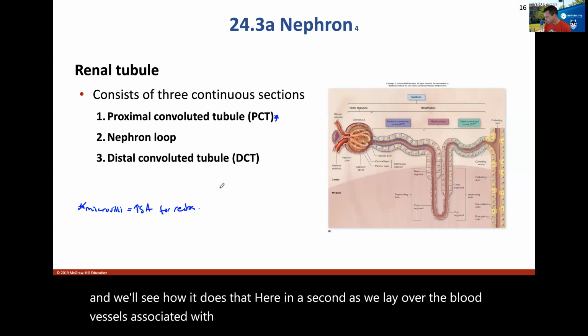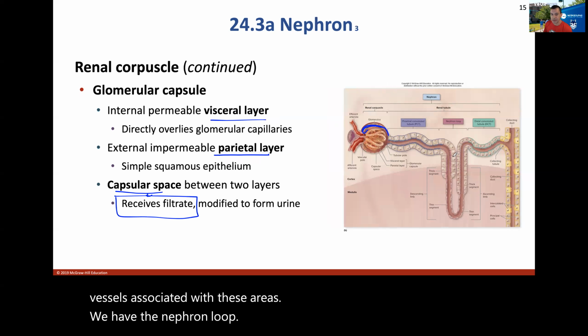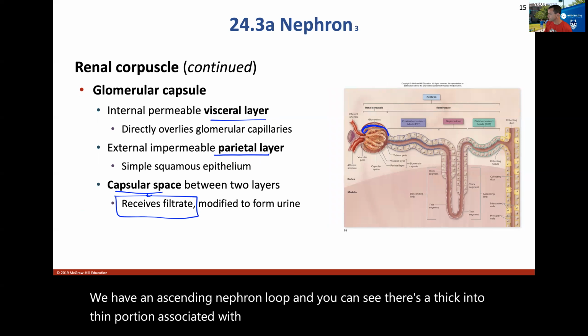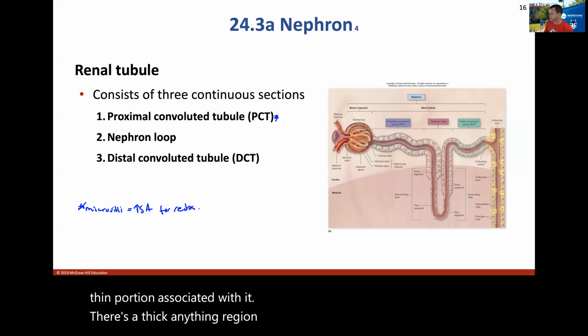We have the nephron loop. We have a descending nephron loop. We have an ascending nephron loop, and you can see there's a thick and a thin portion associated with it.